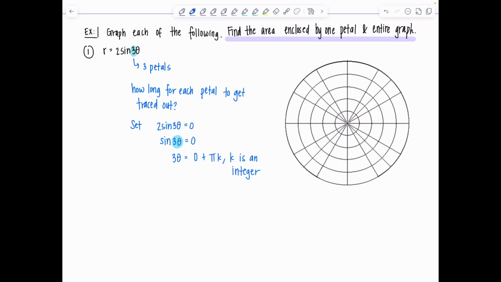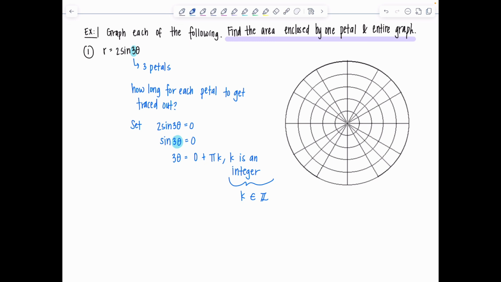We can abbreviate k as an integer by saying k is an element of the set of integers, that Z right there. So I'm going to repeat this again. Sine is 0 at 0 plus any integer multiple of pi. There's infinitely many places. Okay, so that's when 3 theta equals 0 plus pi k.